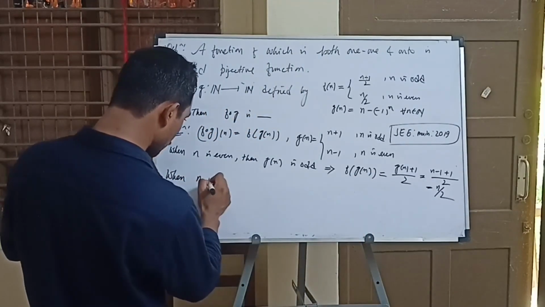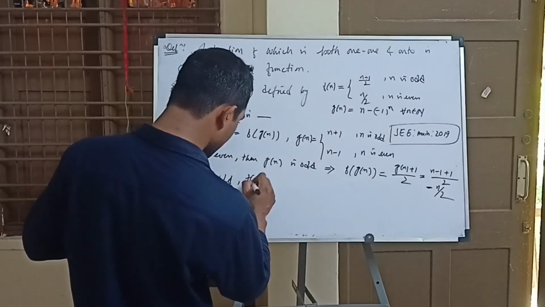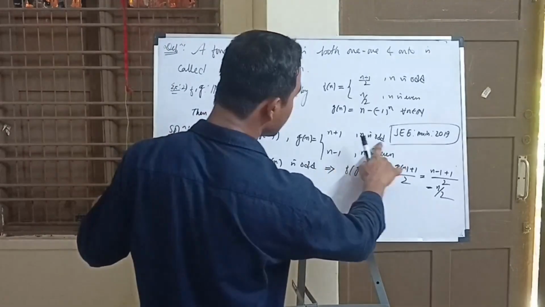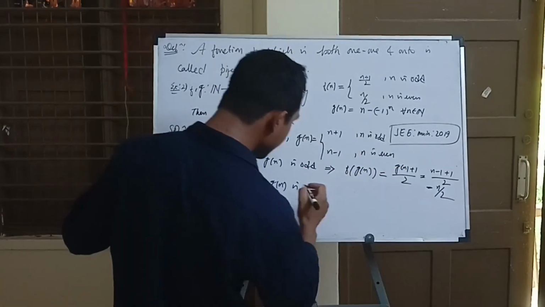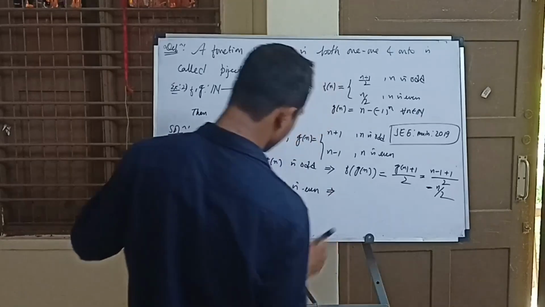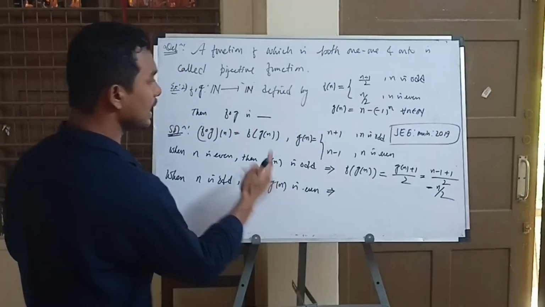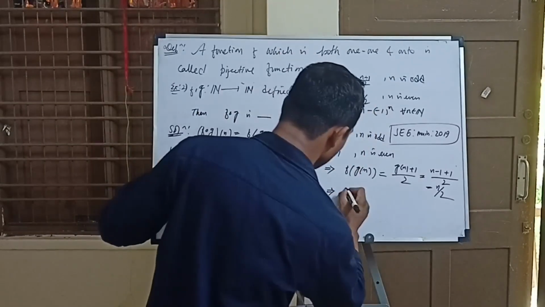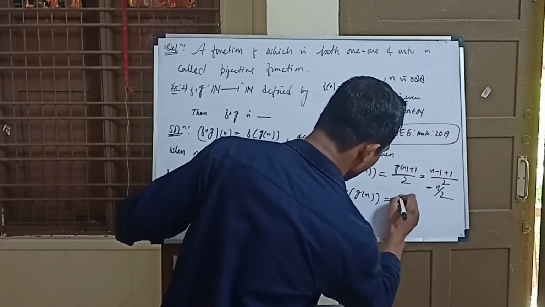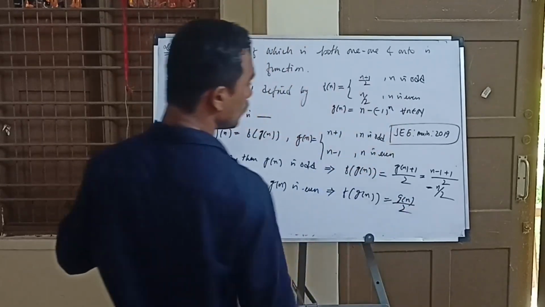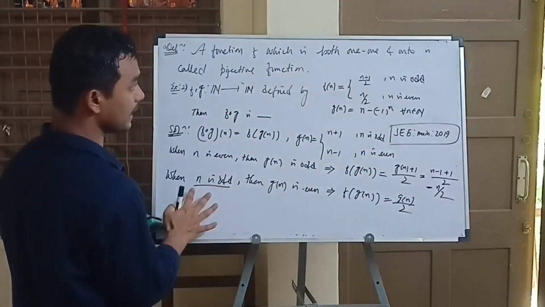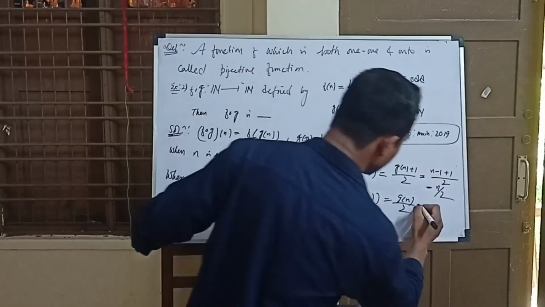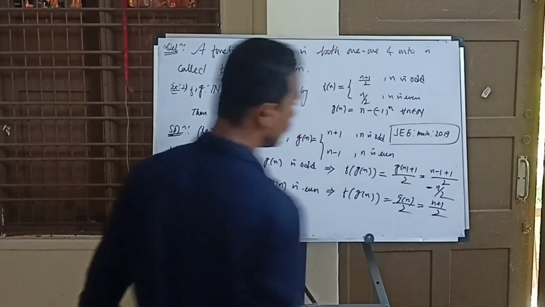Similarly, when n is odd, then g of n is n plus 1. N plus 1 is even, correct? When g of n is even, then f of g of n is g of n by 2. When n is odd, g of n is n plus 1, so we get (n plus 1) by 2.